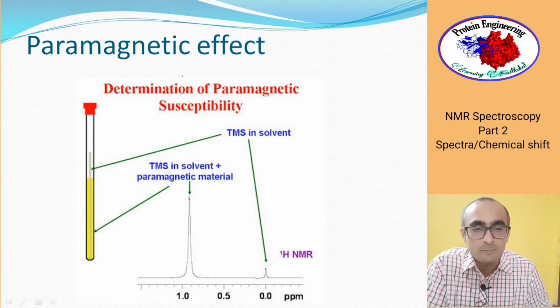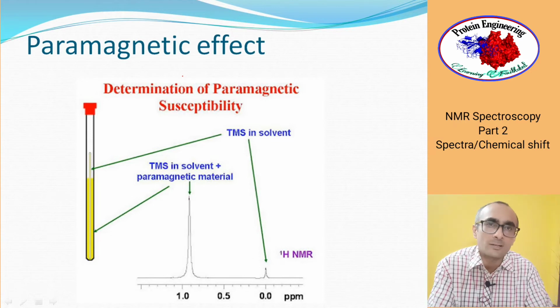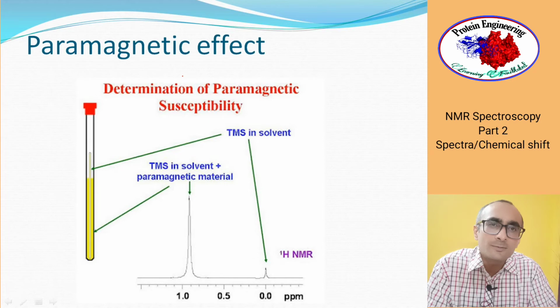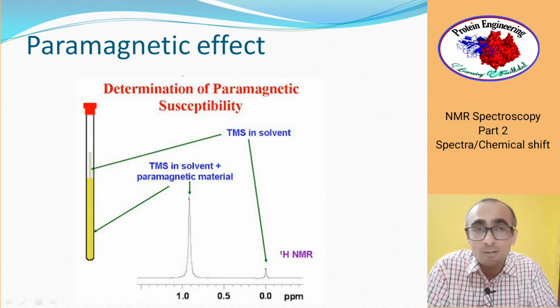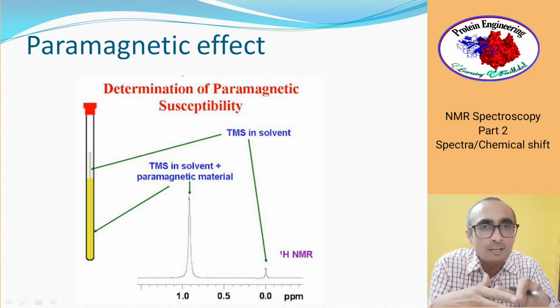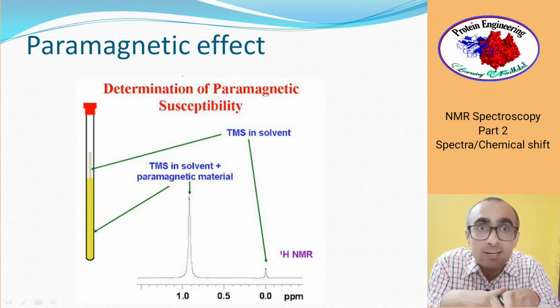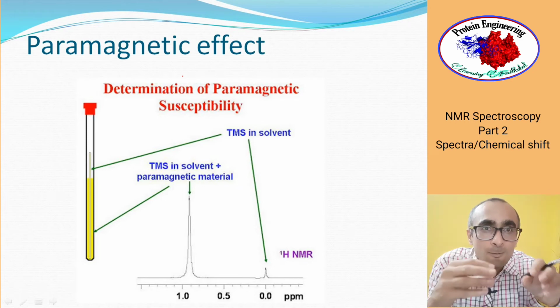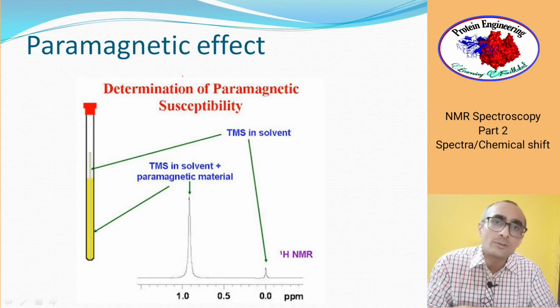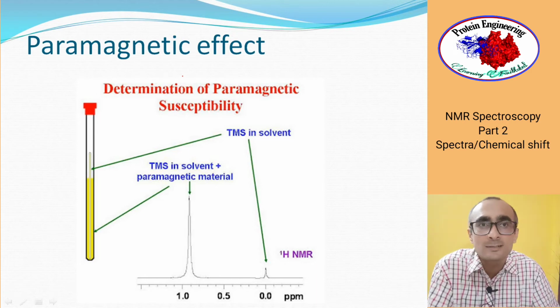Paramagnetic effect is another factor which influences the peaks. For example, paramagnetic compounds, where some atom has a free electron, that free electron also creates a magnetic field, and that magnetic field adds to the applied magnetic field. That's why the presence of a paramagnetic atom gives rise to a shifting of the peak towards higher energy, that is, more downfield.